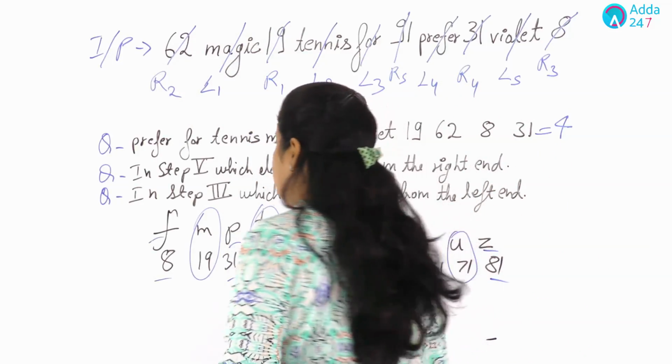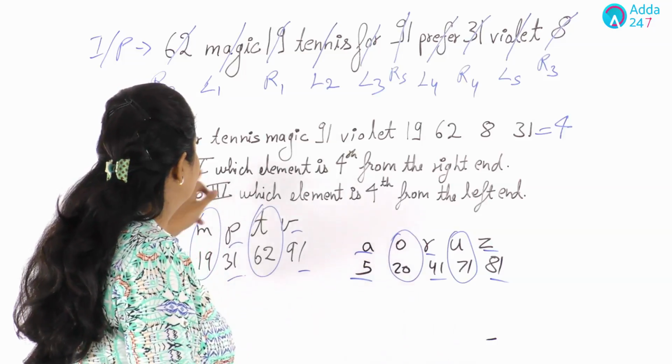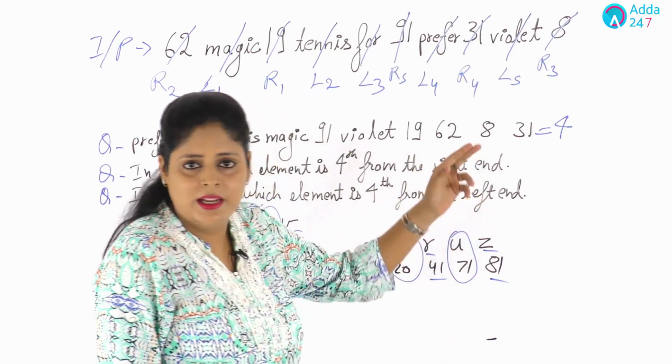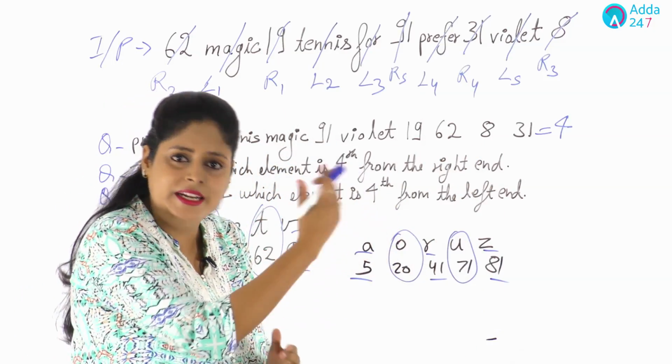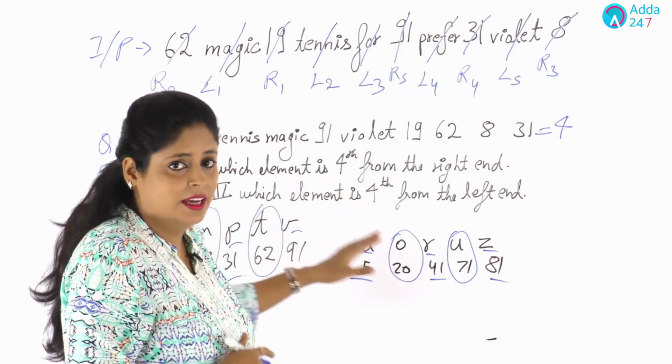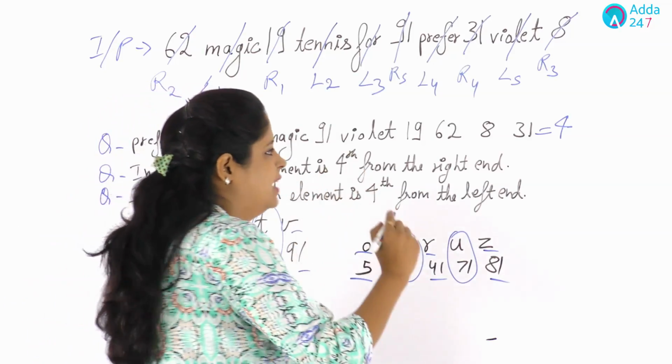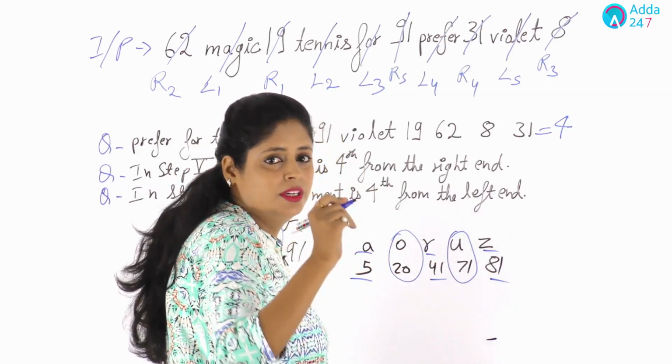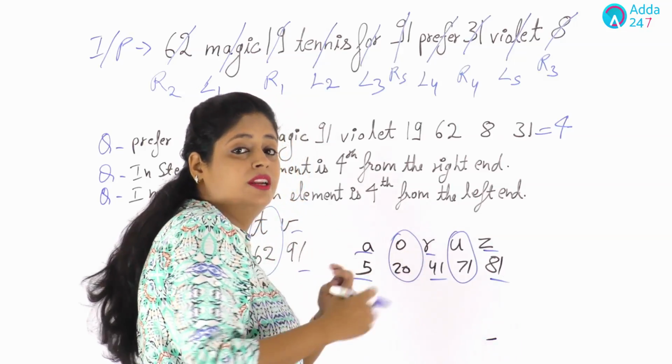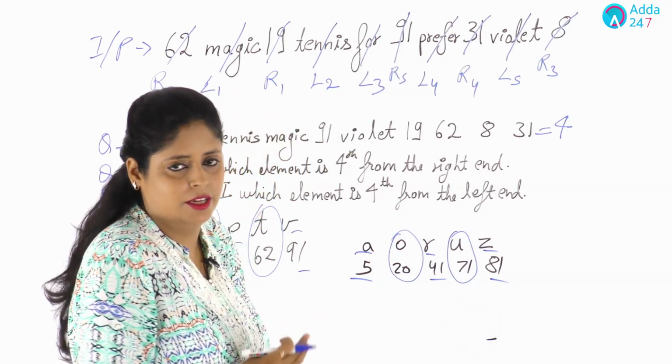Now, let's deal with another question. In step 5, which element is fourth from the right end? Just imagine it. Actually, you don't need to do paperwork, but if you are at an initial stage, you may have to do some.